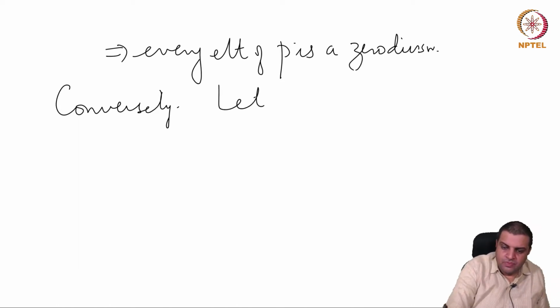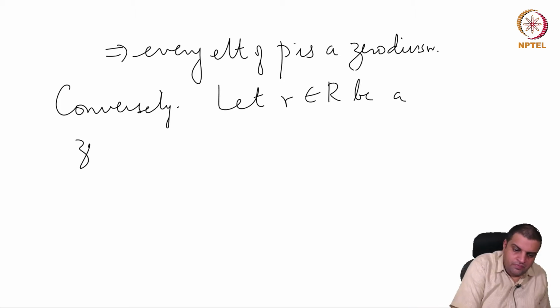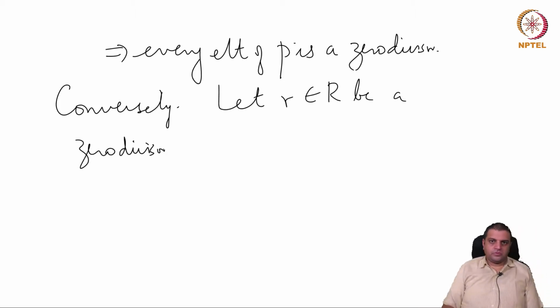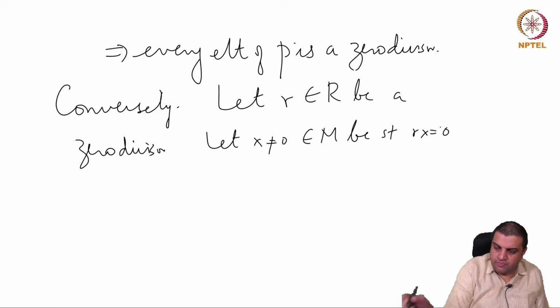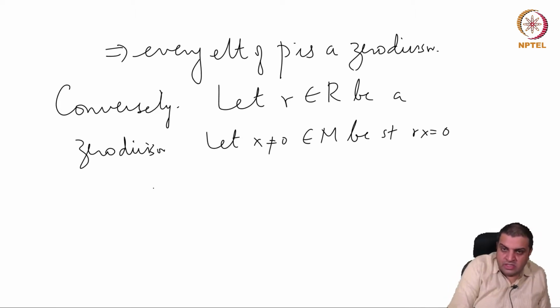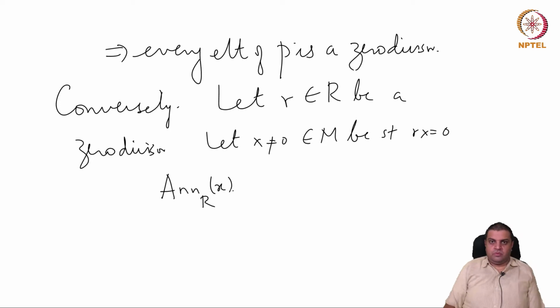let R in R be a zero divisor. Let x not equal to 0 inside M be such that Rx is 0. So now consider the annihilator of x in R. Okay.